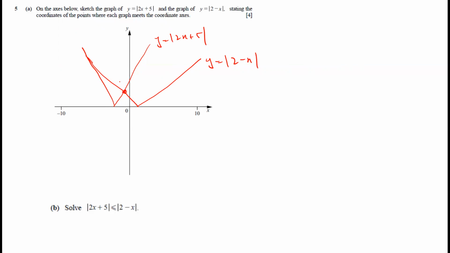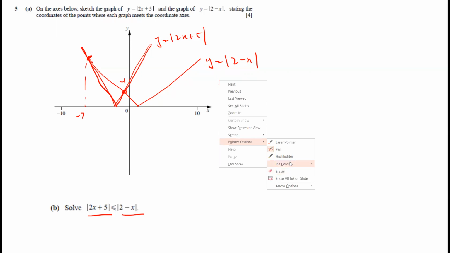This intercept was minus 1 and this intercept was minus 7. So 2x plus 5 is less than or equal to 2 minus x. This is your 2 minus x.